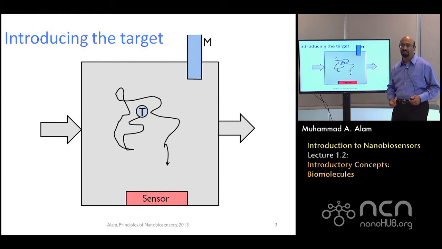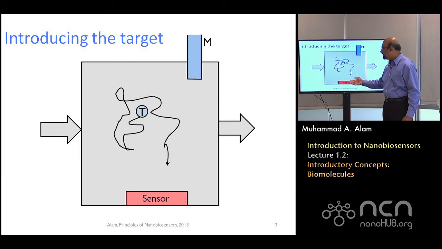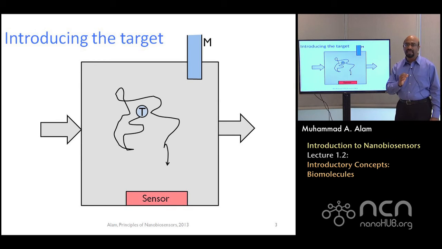And once it lands on the sensor surface, depending on the mass or its charge or some other intrinsic physical characteristics, if the sensor is sensitive to that characteristic, then it will respond, and then we'll say a molecule has been detected. Now, there are several things about this box.